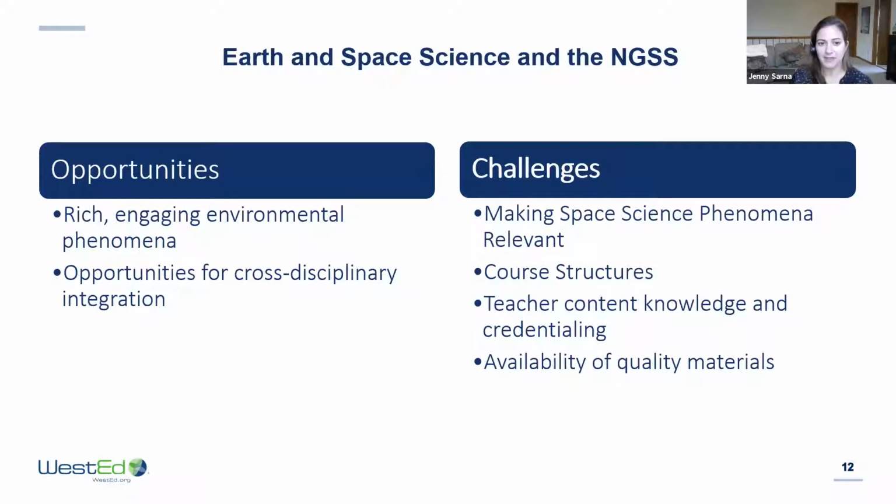We're really excited about that. But we also have heard sort of the difficulty of making some of the space science phenomena relevant. We know that especially in K-12, some of the structures in high school don't afford sort of adequate time to teaching of earth and space science. And I'm seeing here this idea also of the rigor of those courses if they are offered.